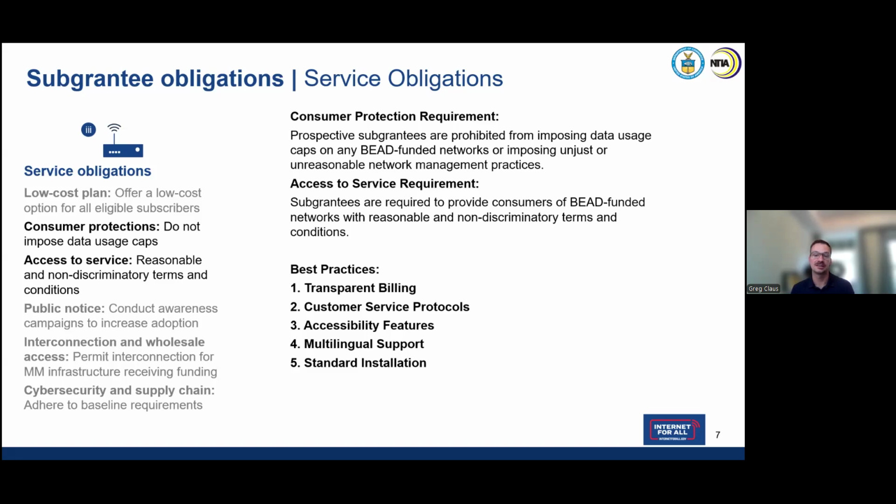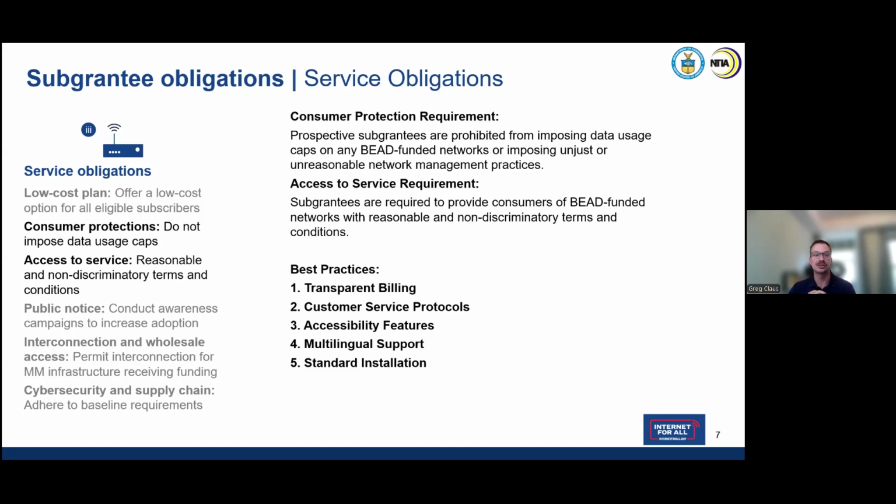So best practices here are transparent billing, make sure you're including all the fees, explain promotions, have a customer service protocol that sets up how customers can view their bill and how they'll receive it, how maybe you're even having accessibility features included, that multilingual support. So as you're expanding to new communities, everyone is able to be aware of all of the conditions and requirements of their bill and their service obligation.